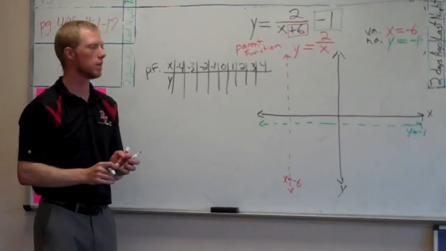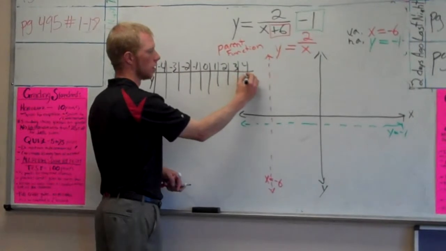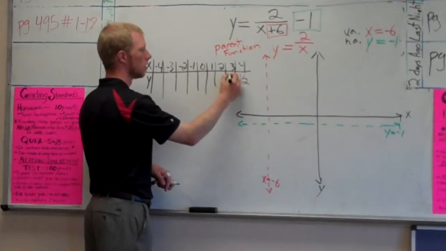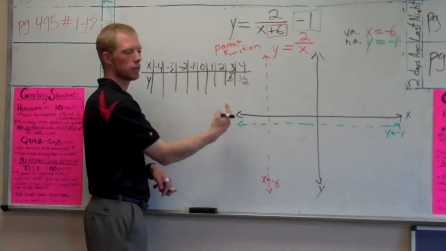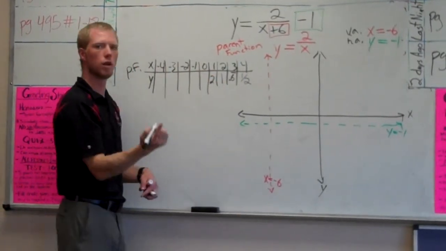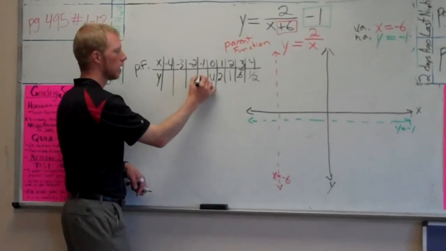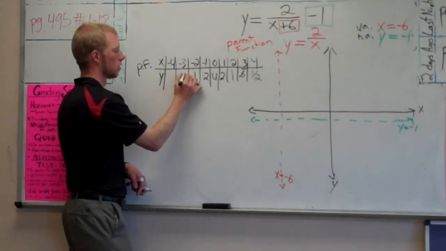As I start to put in these numbers, some of them are nice and easy. 2 divided by 4 is 1/2. 2 divided by 3 is 2/3, which is 0.6 repeating. 2 divided by 2 is 1. 2 divided by 1 is 2. 0 is our undefined. And then we reflect all our values.